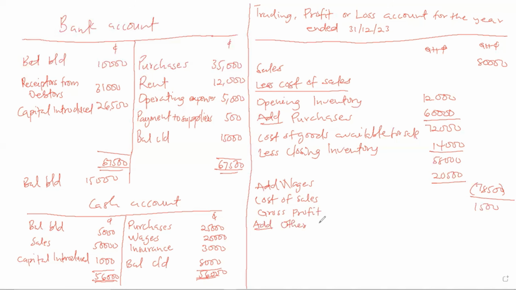We add other income, which is 200, and we can have our total income of 2,700. Then we will start lessing our expenses, less operating expenses.